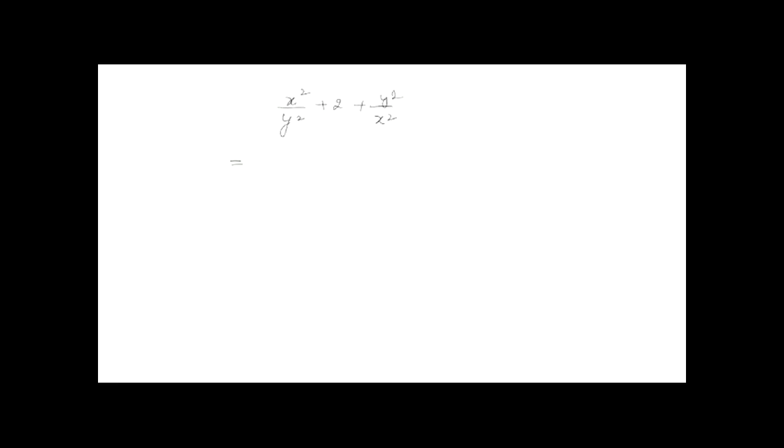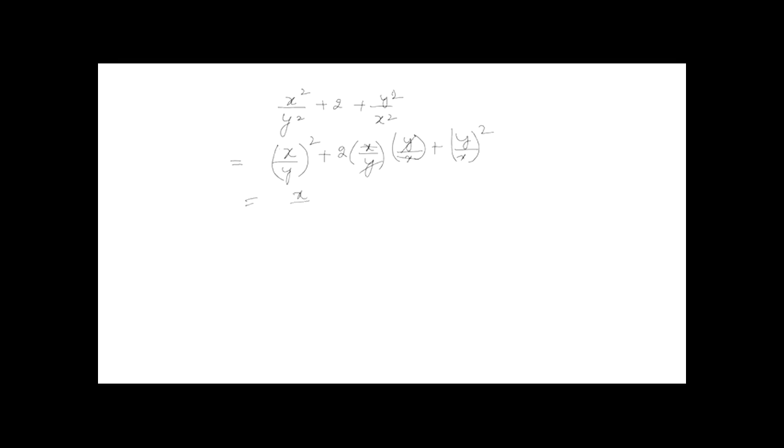So here you can write this as (x by y) whole square plus 2 into x by y into y by x plus (y by x) whole square. Can we write like this? x and x will cancel, y and y will cancel. So your answer is (x by y plus y by x) whole square.